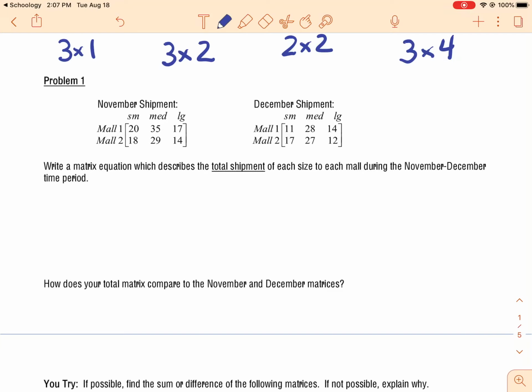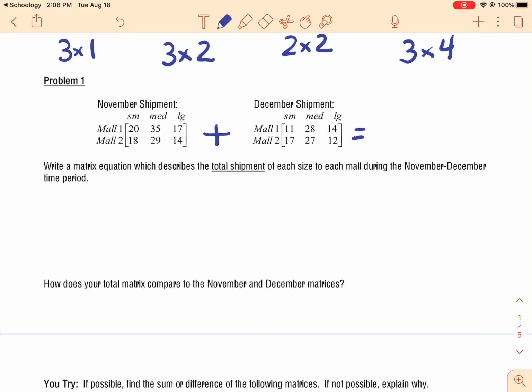If we want to know all of the mediums, we would add the November shipment plus the December shipment.